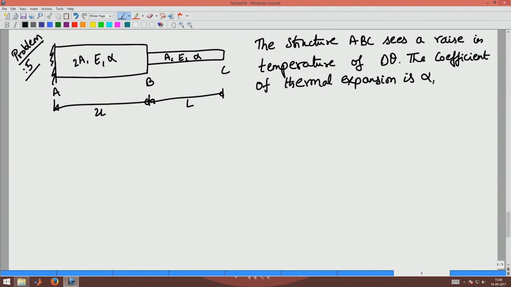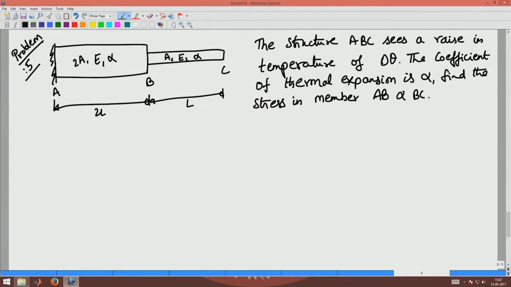Find the stress in member AB and BC. Now, how will you solve this problem?